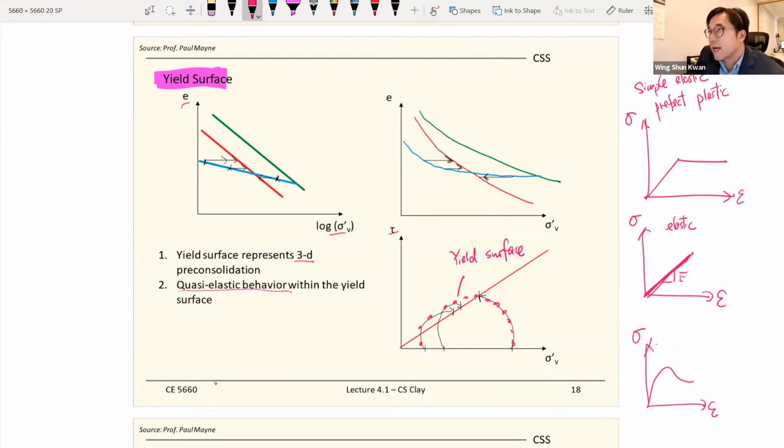When you get to the simple elastic and perfectly plastic model, it gets a little more complicated. You need to know the strain level, the yield strength, the slope of this part, and also the yield stress.